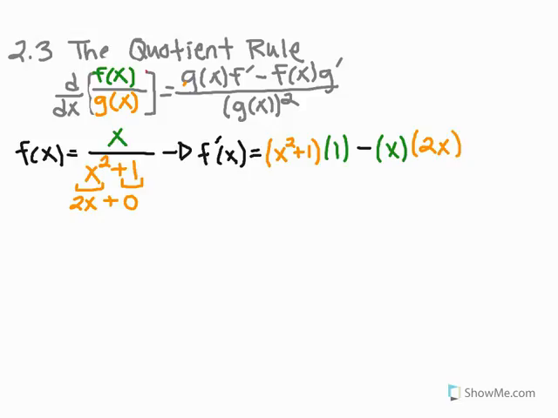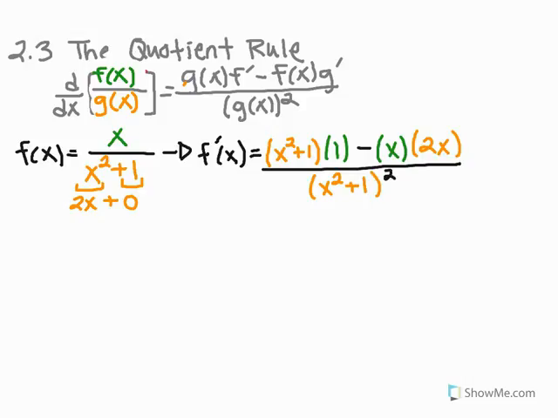All right, now this is all over g of x squared, and this is going to be the part, if there's a part of this that you're going to forget, it's going to be this part. So I'm going to go ahead and write in here x squared plus 1, and then this is being squared. So that's how you get it set up.